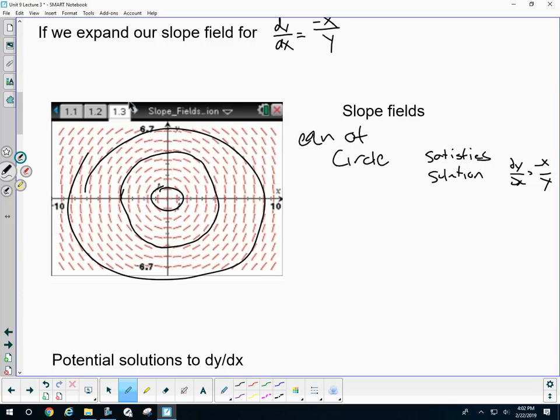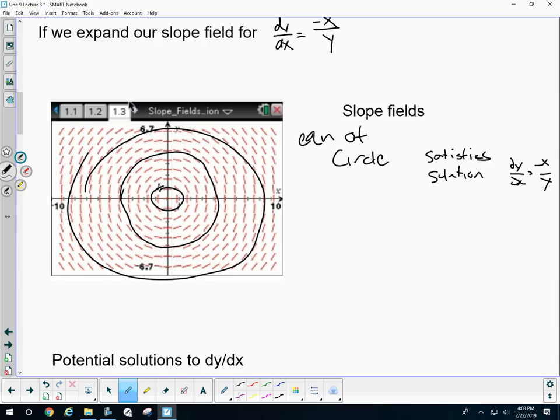Now, who knows what the equation of a circle is? Just offhand. That would be the area of a circle. Good guess. No?